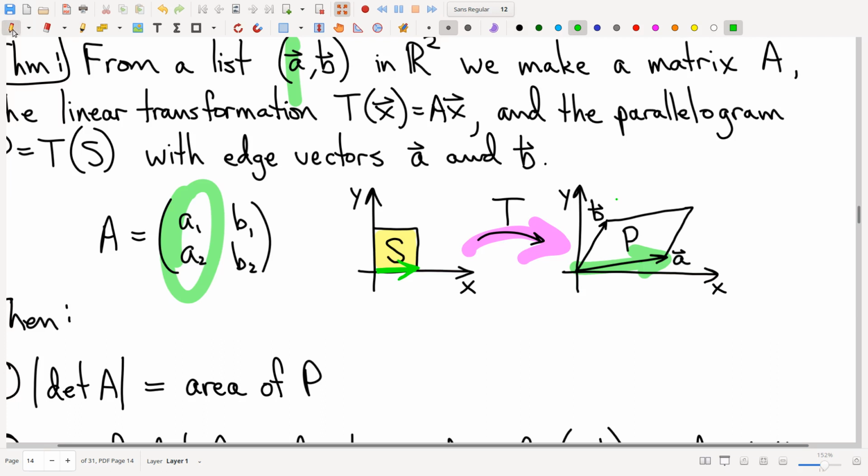Likewise, looking at the second edge, the left edge, that's E2. The image of E2 is the second column, which is that second vector, which is B. And what's kind of cool about this is that we started with a list, we made a matrix, we made a linear transformation, and now we have also made a parallelogram.